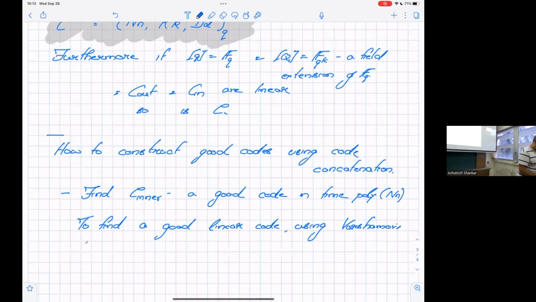It takes q to the order kn. If you want to find a code with dimension k, small block length n, and alphabet q, this is how much time it takes, because that's the size of the generator matrix. You have to go over all possible generator matrices eventually.